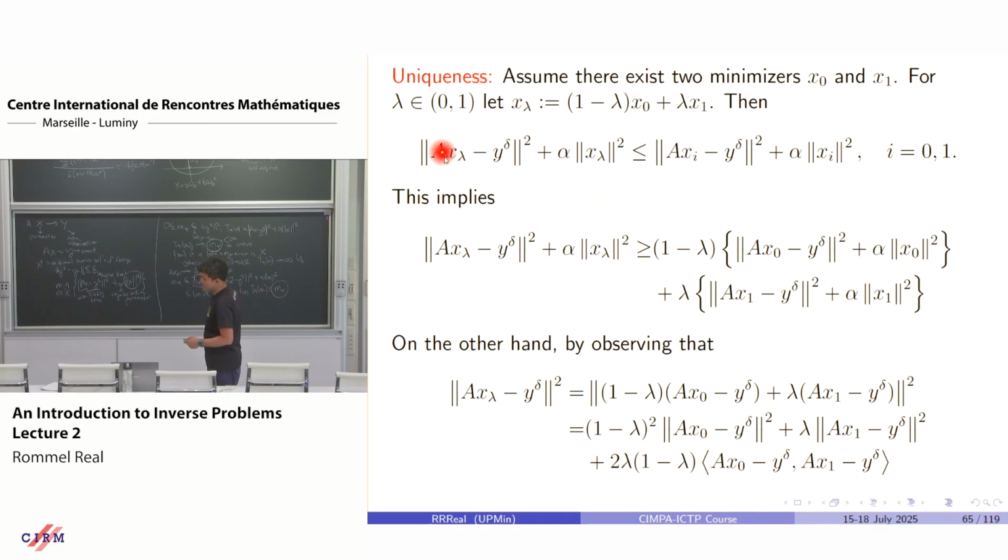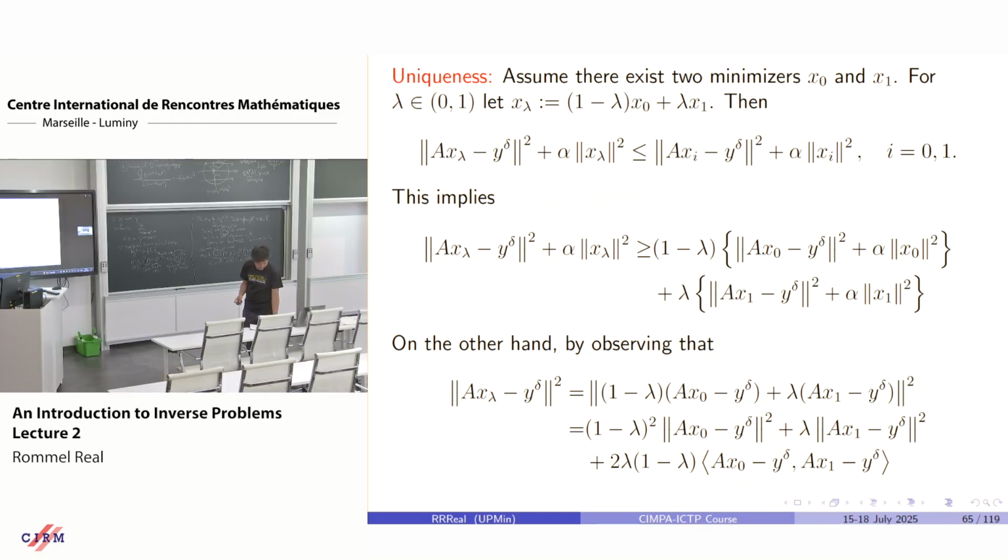Then, as usual, if you take the value of the Tikhonov functional at x lambda, what you will see here is that this must be less than or equal to the value of the Tikhonov functional at any of the two minimizers there.